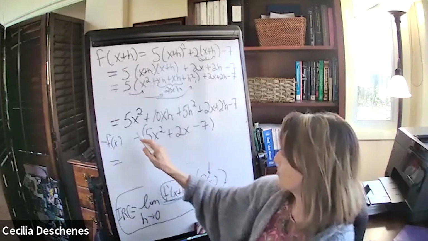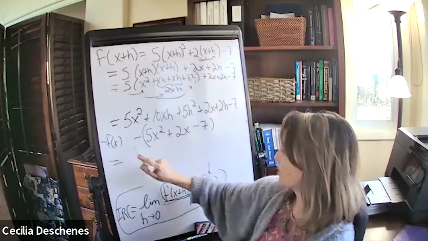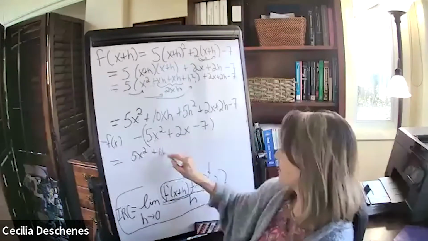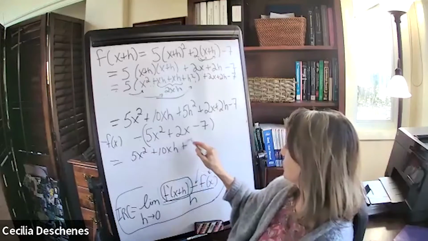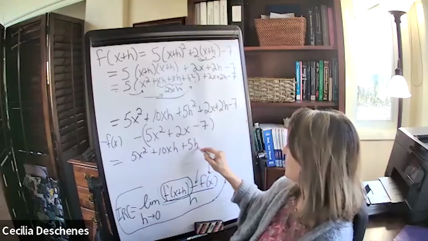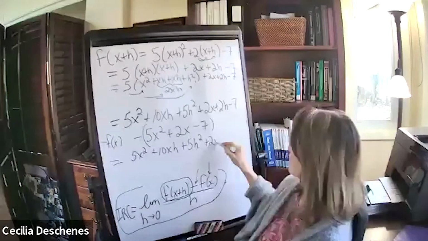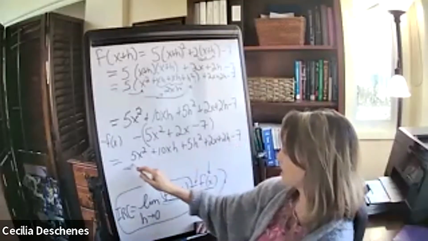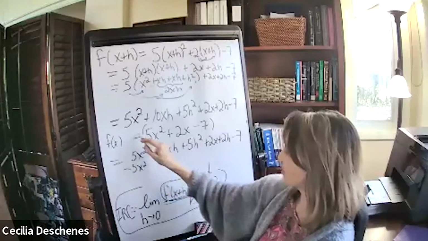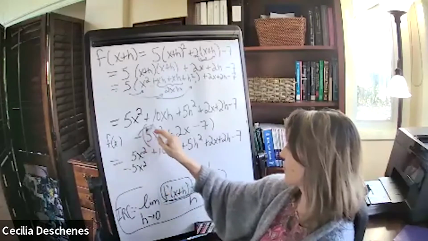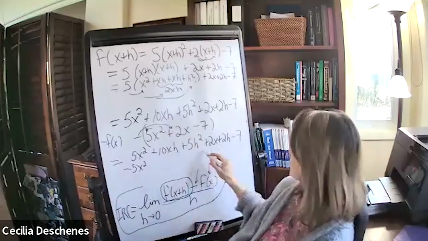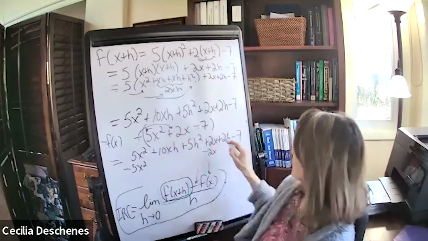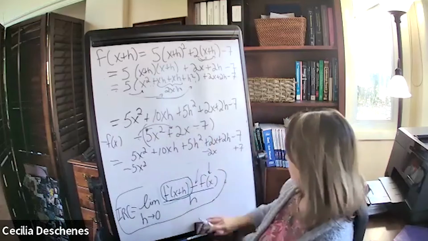So we're going to distribute this negative now throughout. So we have 5x squared plus 10xh plus 5h squared plus 2x plus 2h minus 7, and we're going to subtract 5x squared. So now I'm distributing this negative in here and in here, minus 2x. I'm going to put it under like terms. And minus times a minus 7 is a plus 7.